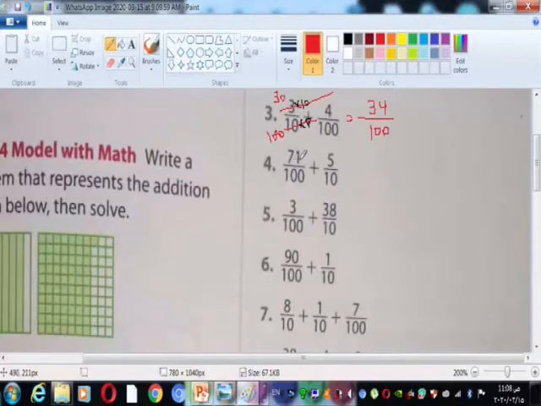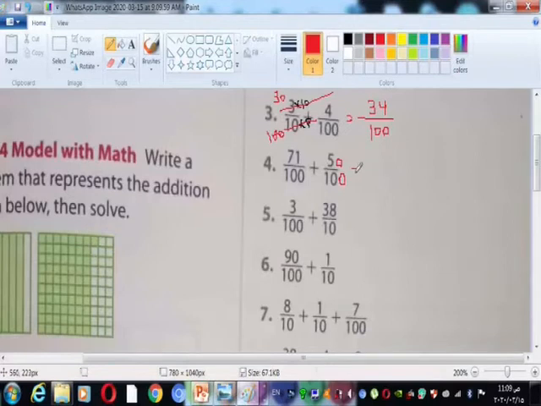Let's move to question number 4. I have 71 over 100 plus 5 over 10. The easier way for us is just to multiply up by 10 to reach the equivalent fraction which has the same denominator as the other fraction. Now it will be 50 over 100.